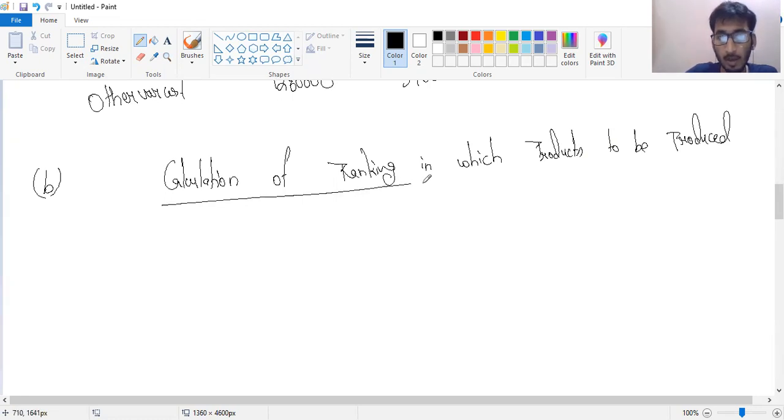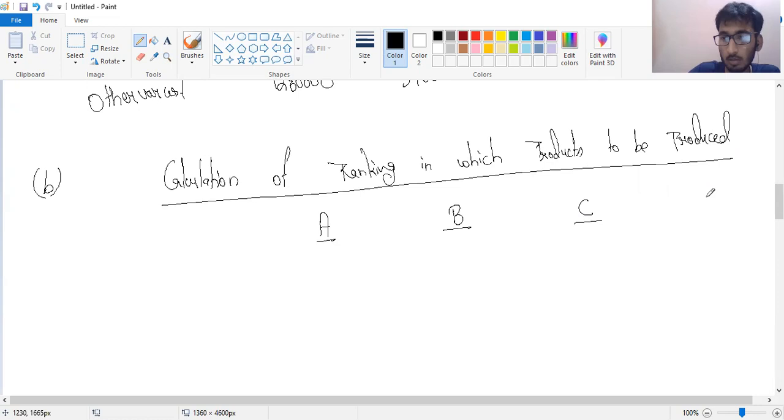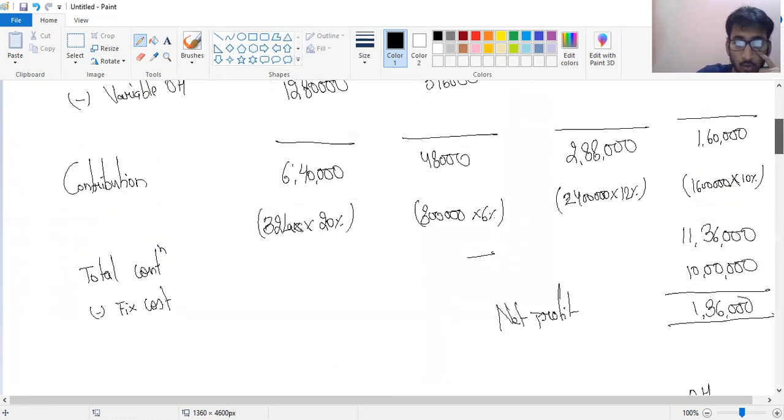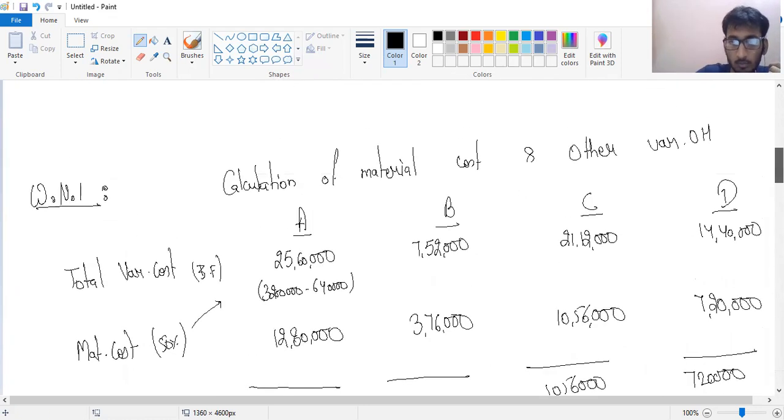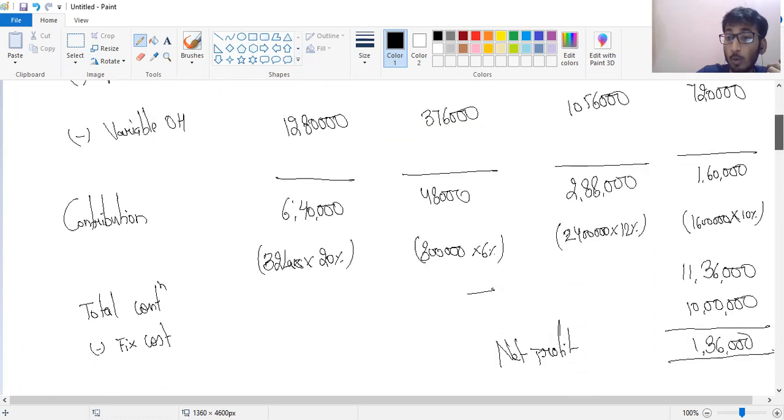So basically, what is the ranking? There are four products: A, B, C, and D. Okay, so let's calculate. What is the contribution? The contribution is 6 lakh 40,000, 48,000, 288, and 160.